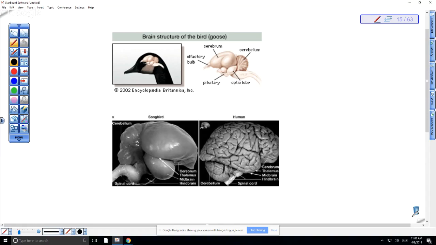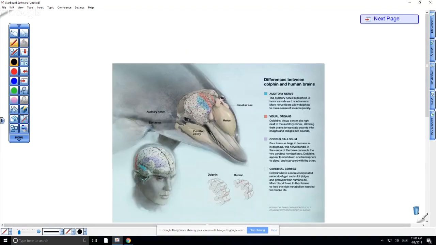Okay. So also, if you look at dolphins, they actually have more surface area. And so if you look at their outer cerebral hemispheres, they're actually more greatly convoluted. And they have about the same amount of nervous tissue to body size as chimpanzees, but we still have a little bit more nervous tissue in terms of our nervous tissue to our body size.